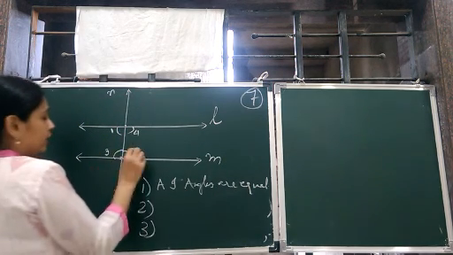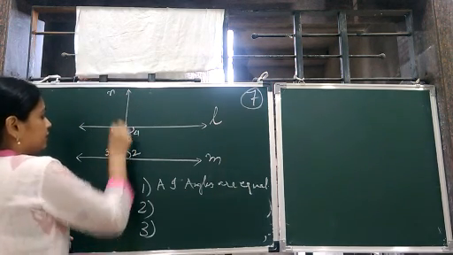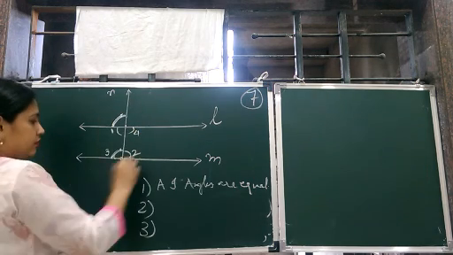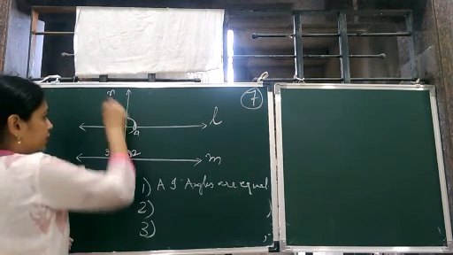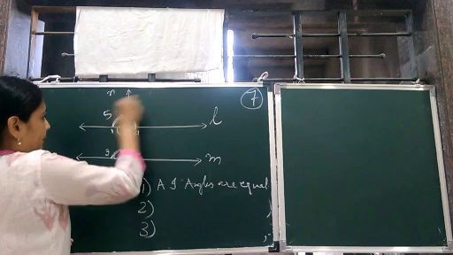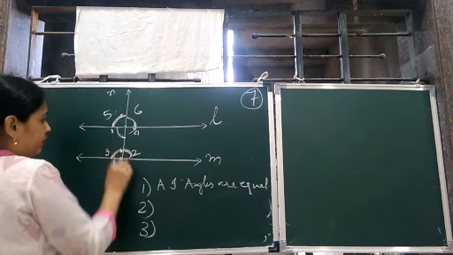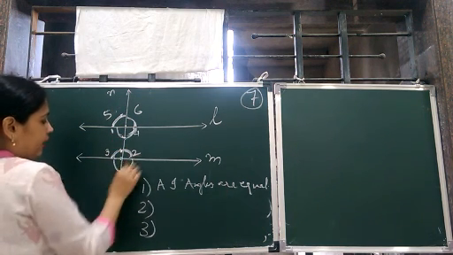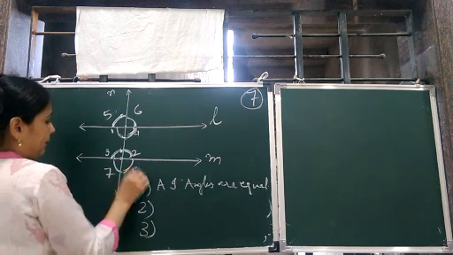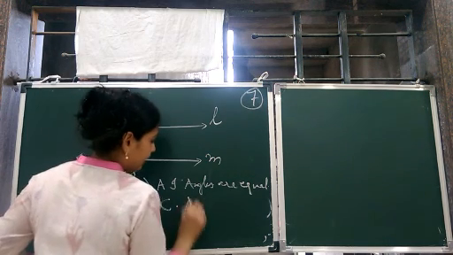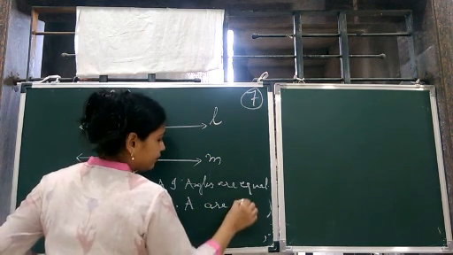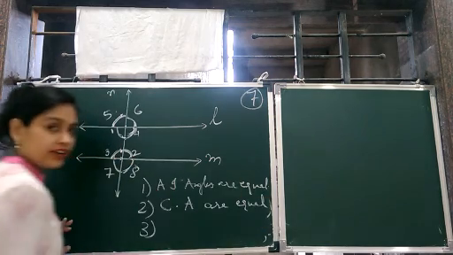Corresponding angles are equal. Corresponding angles means this, this, this, this. Corresponding angles are equal. And what did we study?